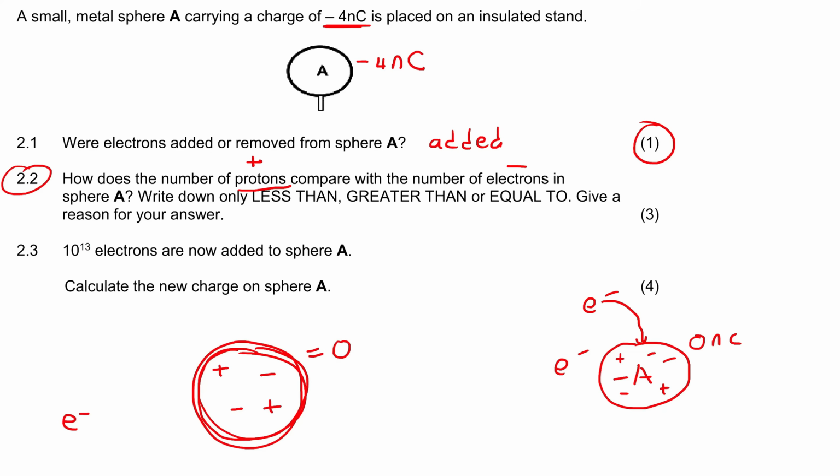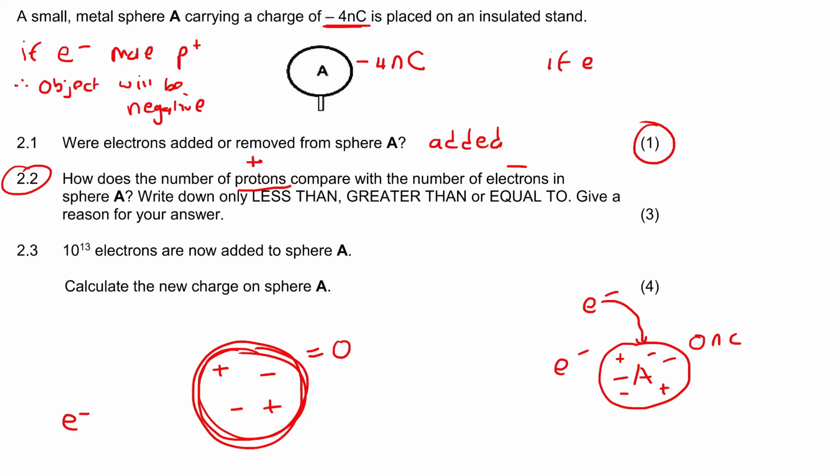Well, that would equal 0, because your positives and your negatives are the same, so it would balance out. But when you have a charge of -4, then it's got more electrons, so it would have to have more electrons than protons. Because if electrons are more than protons, then the object will be negative.